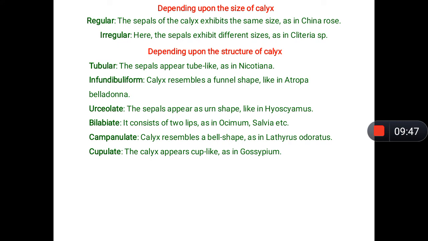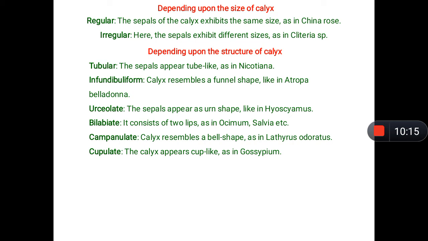Urceolate, the sepals appear as urn shape, like Hyoscyamus. Bilabiate, it consists of two leaves, as in Ocimum or Salvia. That means they are showing a structure having two leaves.